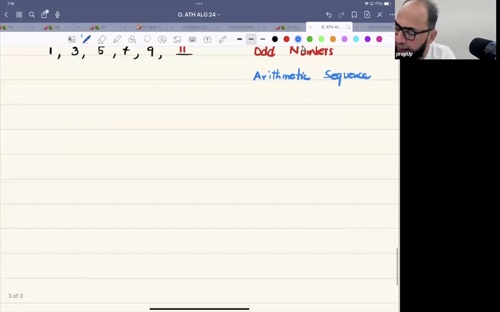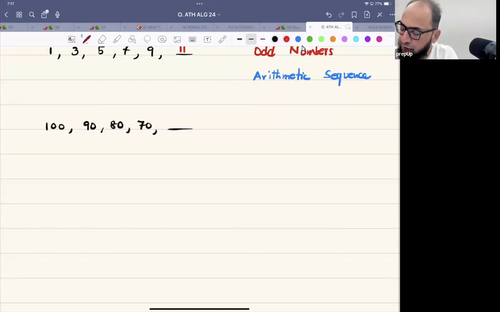Let me write another example. Something like 100, 90, 80, 70, the next one is 60. Now this is a number pattern such that there is an addition of negative 10.